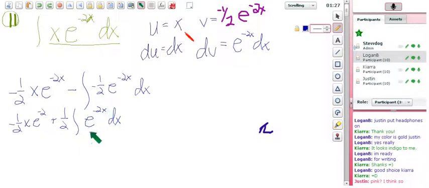Maybe to do this integral, I'll ask you guys what would be the way that you would take the integral of e to the negative 2x dx. About like integration rules as of 8.1.